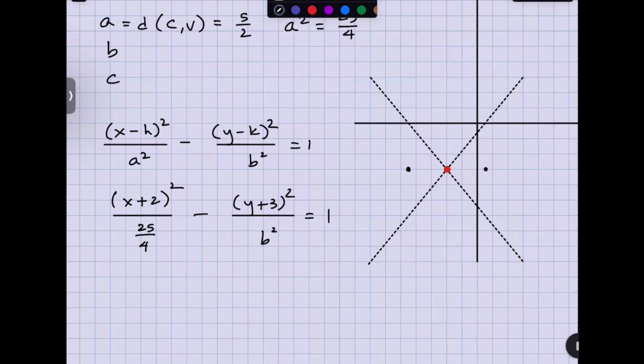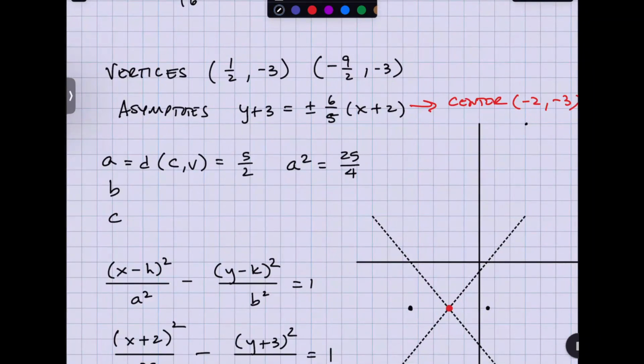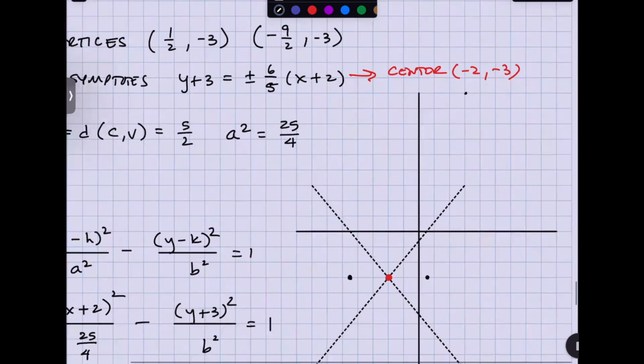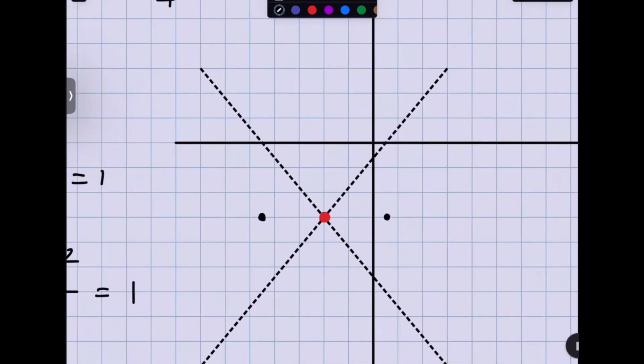Do you know what the B is? You guys do know what the B is, actually. I got B is 3. No. The B should be 6. Because it's how far the fraction of the mass is up. Well, remember that this box, right? These asymptotes are made by this box.